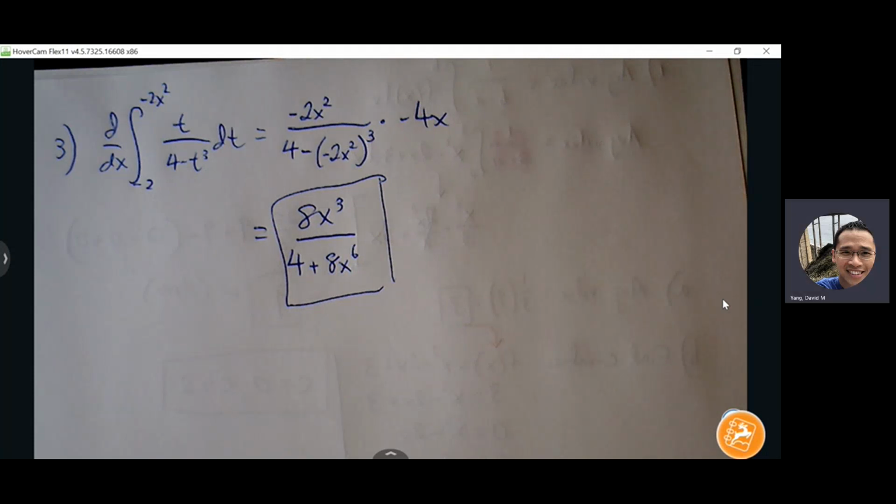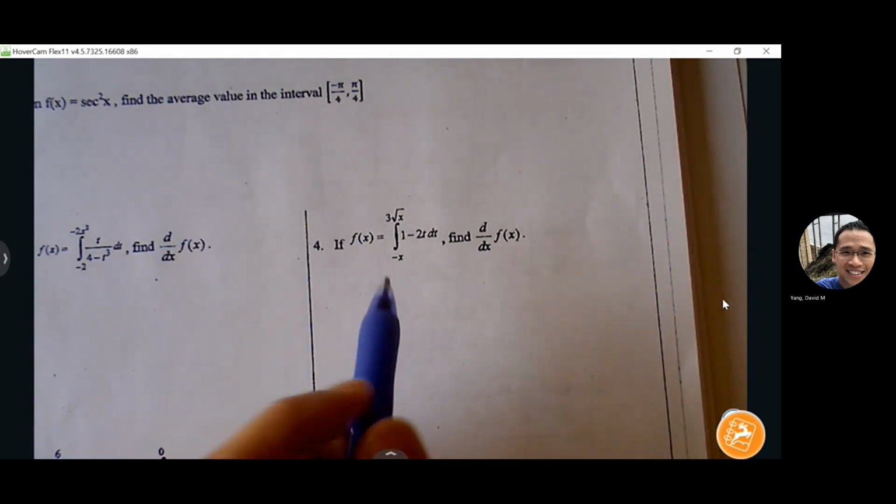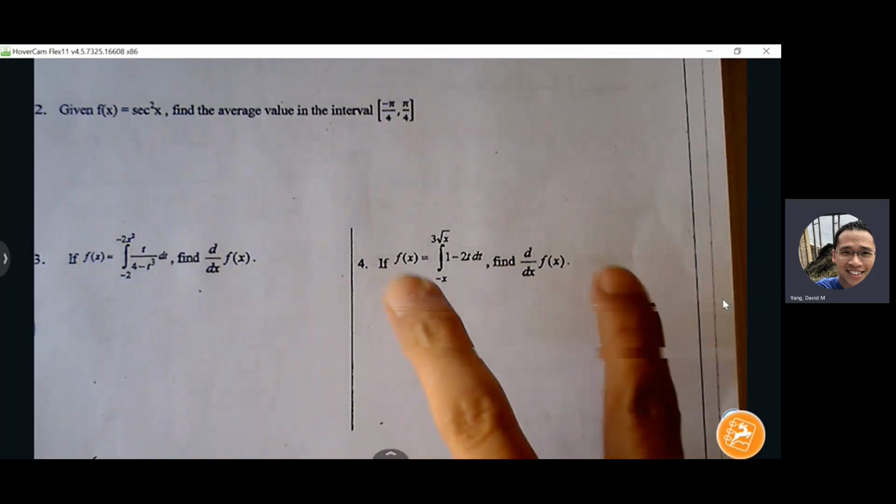Okay, number 4, similar process, but do you notice anything that is a little different about number 4? There's 2 variables, so we got to do this process how many times? Twice, right?